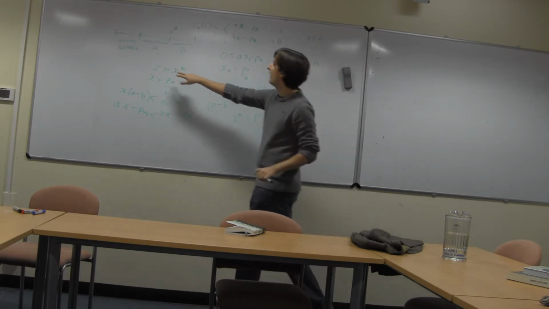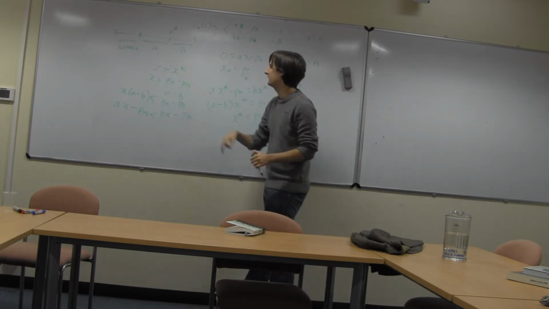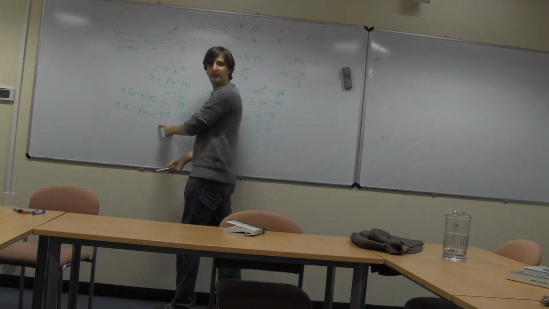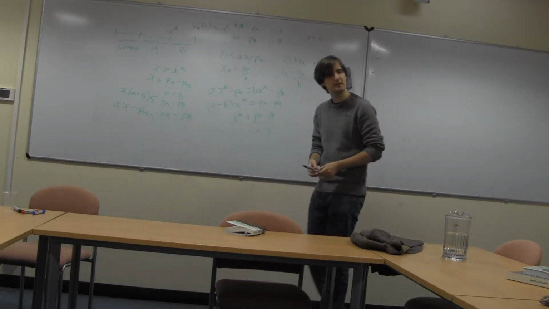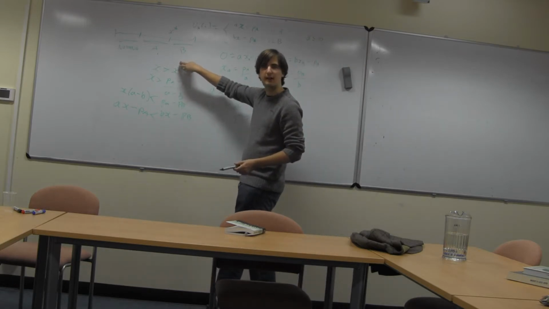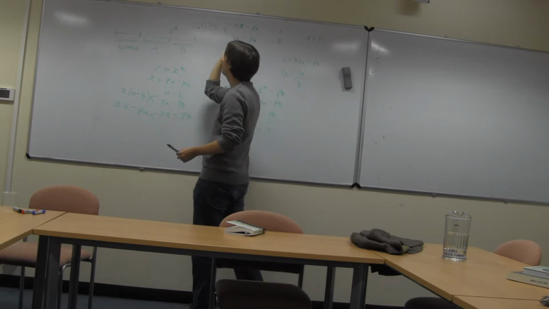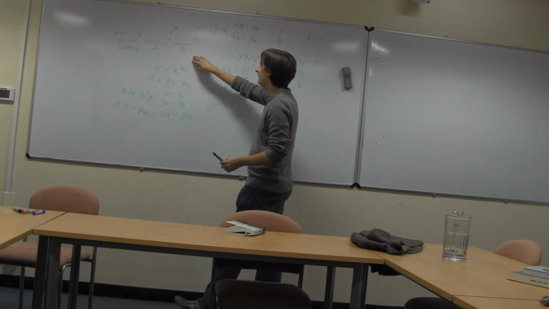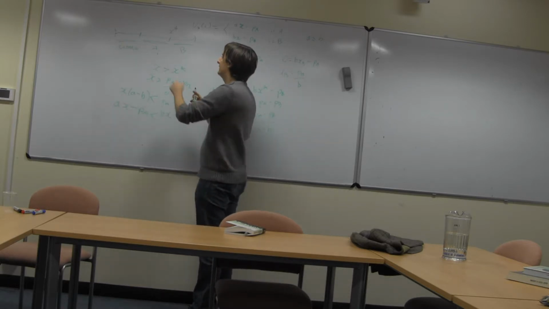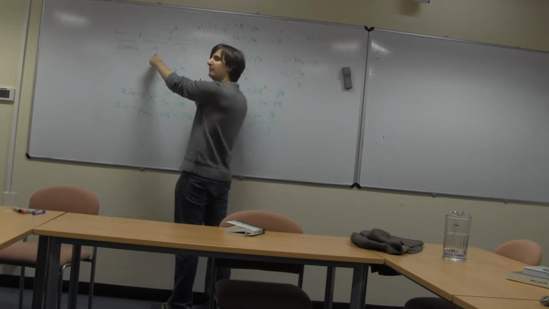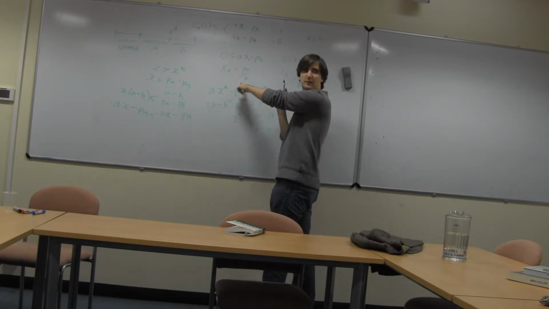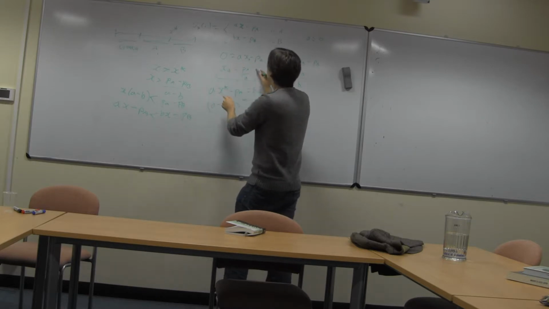If X is bigger than X star, your value from buying from firm B is strictly bigger than your value from buying from firm A. So this picture is right: people to the right of this X star are going to want to buy from firm B. So if anyone's going to be buying nothing at all, it's got to be these people who would otherwise be buying from firm A. So the answer to the original question of who's going to buy nothing at all is given by this equation.